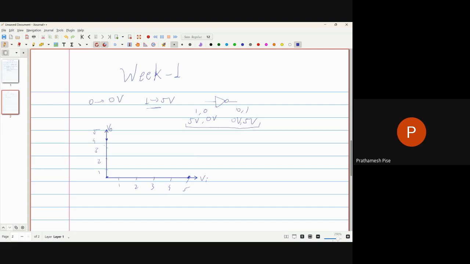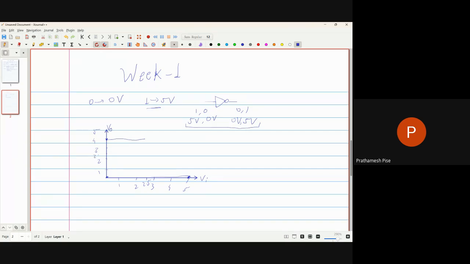But you can see that this is not at all practical, because in reality voltage can vary anywhere in between. So what we want is that up to a certain limit, let's say here at 2.5, we will consider this region as low and this region as high. The same is true for the output.